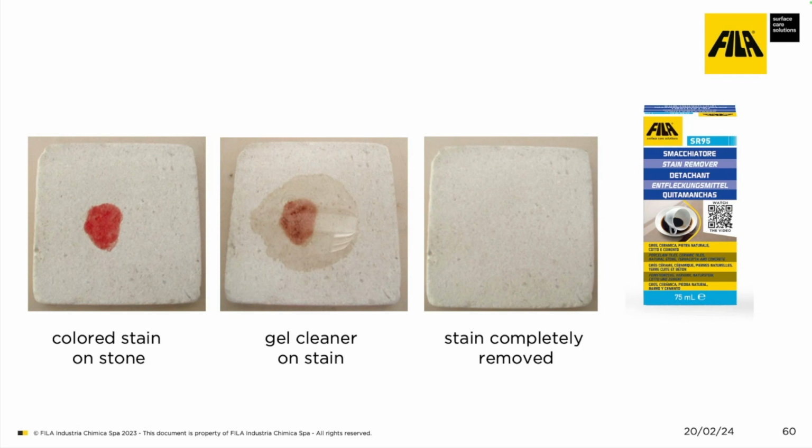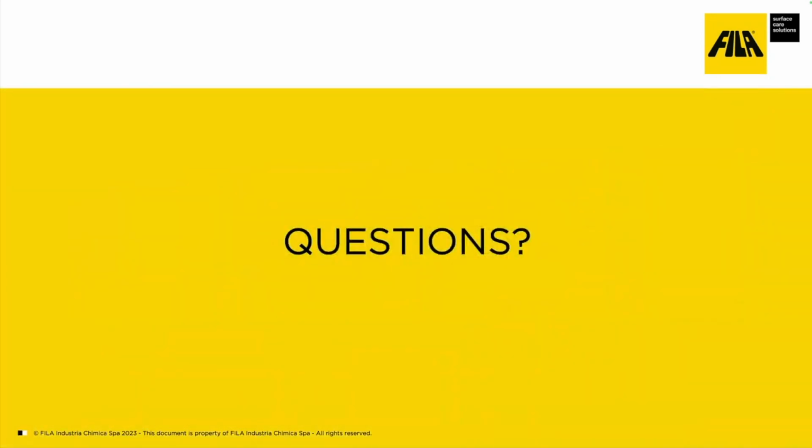What it does is dissolve the pigments of the stain. So the stain is still there, if you want, but it vanishes. You don't see it anymore. So that's the way it works. The good thing, again, is that it's a 10-15 minute process. So no poultice, 24 hours, and then covering, nothing. It's basically an instant type of poultice.